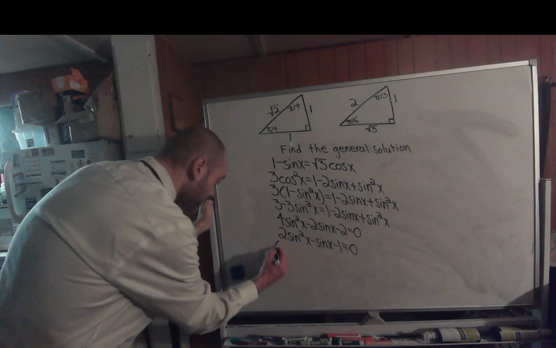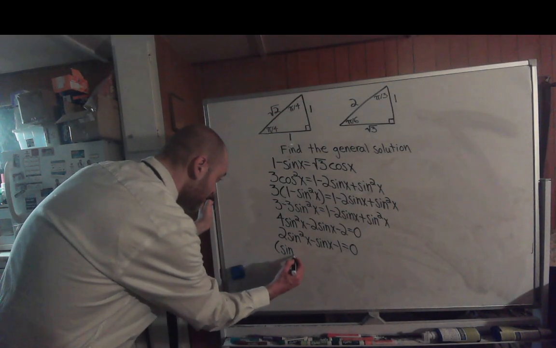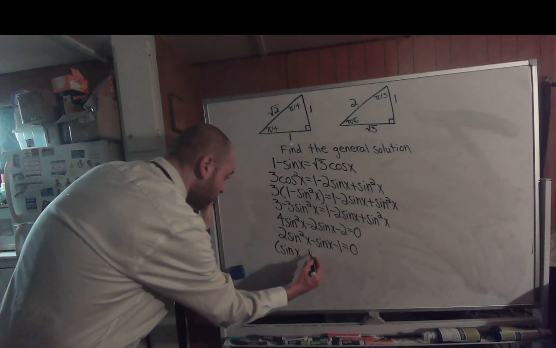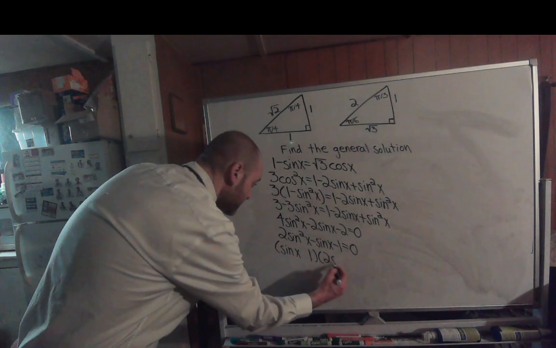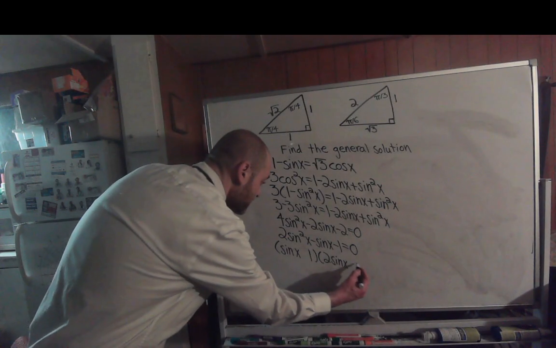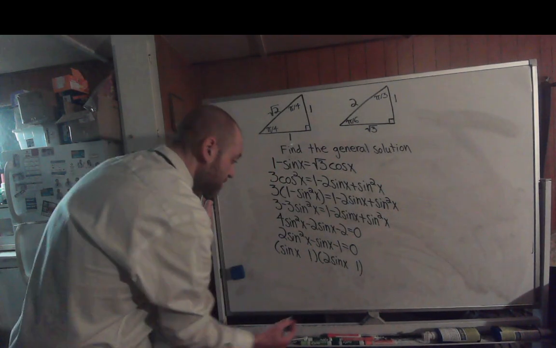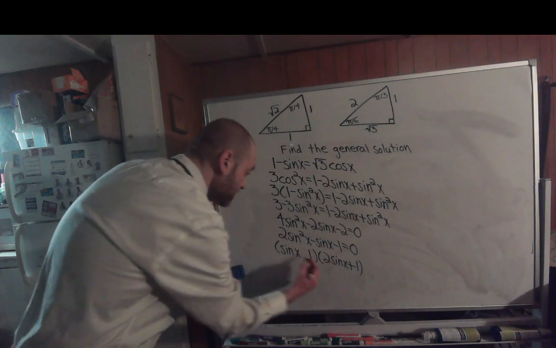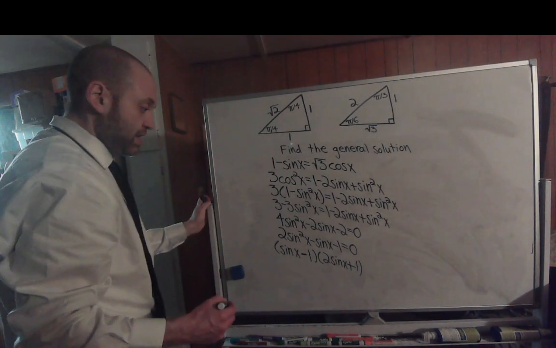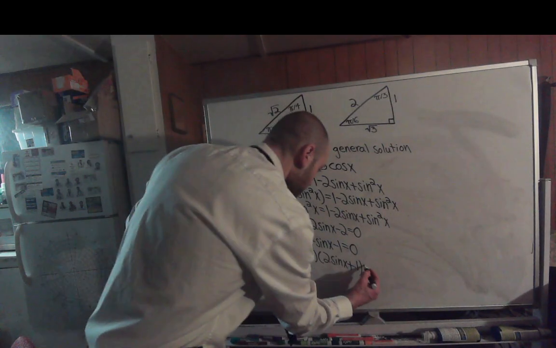This should factor, let's see, we'll have sine of x, 1, and then 2 sine of x, and then 1. Let's see, that'd be plus, and then a minus. Okay. Yep, that should totally work.